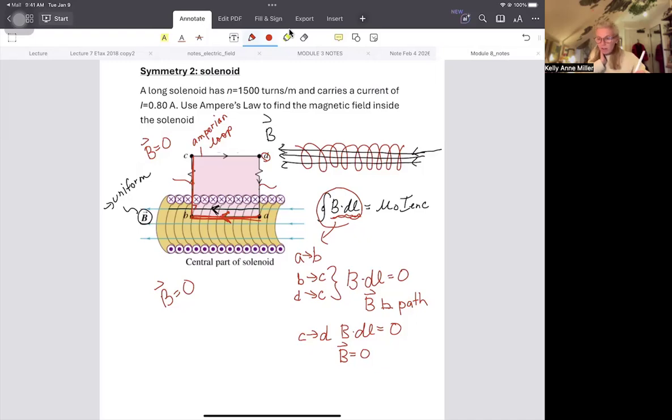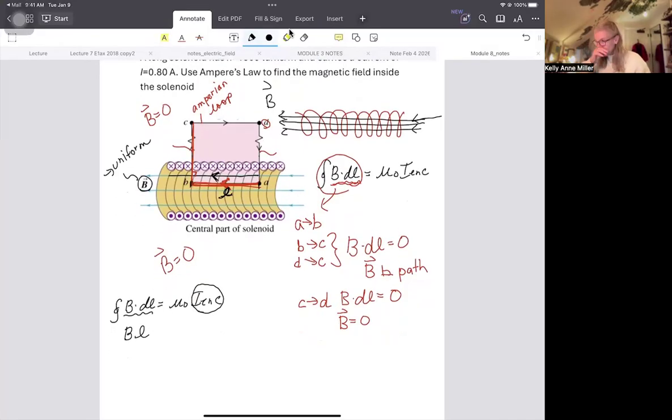Okay, so let me rewrite it over here because I've kind of run out of space. B dot dL equals mu naught I enclosed. So this just equals B times L, right? Where this is L, we're calling the length L. And then now we have to figure out what I enclosed is.